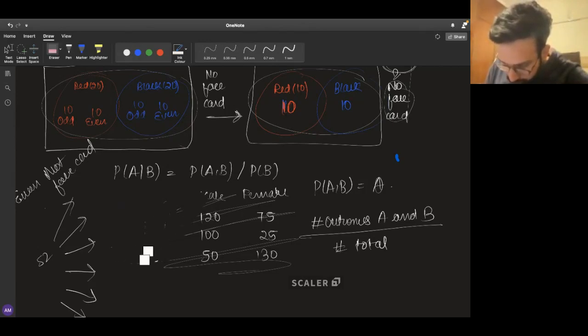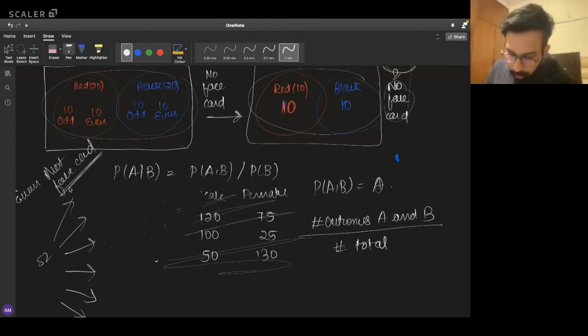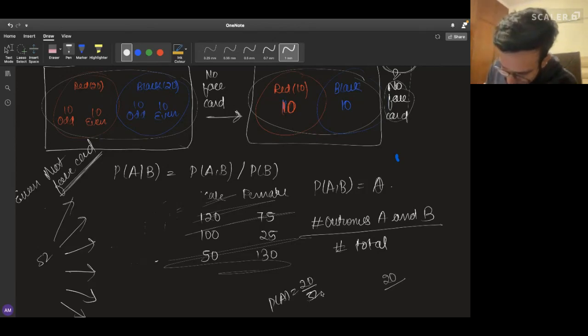It happened by chance that no face card can be even, so we ended up calculating the probability of A as 20 by 52, and that will be the probability of A comma B as well, which is 20 by 52.